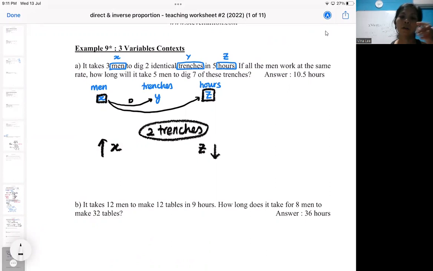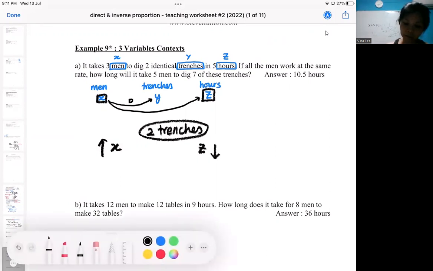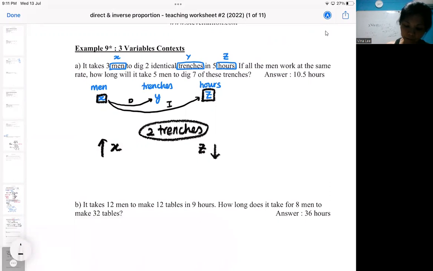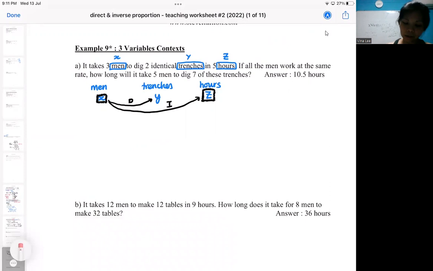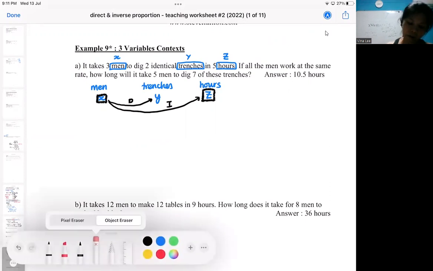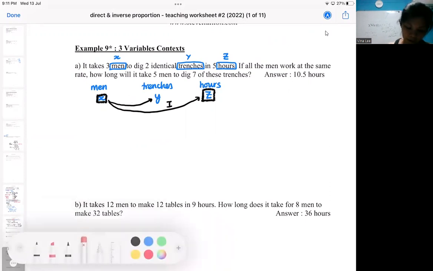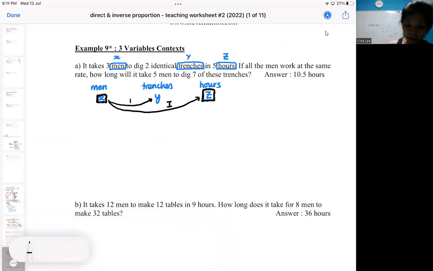So if you look at the arrows, it's one up, one down. So it is an inverse relationship. To decide the relationship, you should spend a substantial amount of thinking on the relationship first. If you have decided the relationship, then we form the equation.